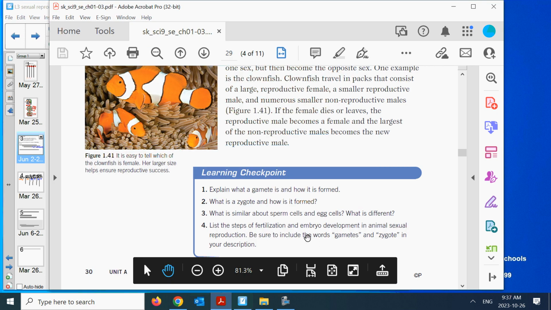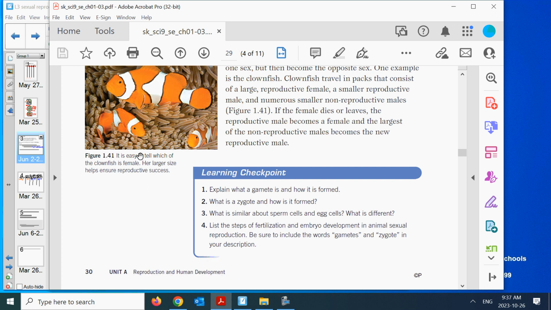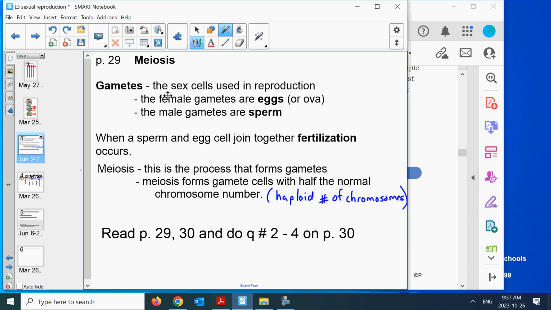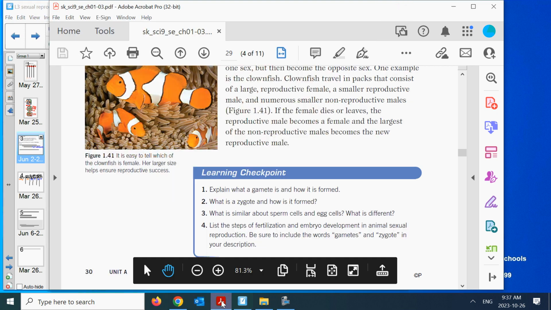We've read this, and I'm going to just quickly talk about this. What's a gamete and how is it formed? Well, that's already written down in our notes. That's why I'm not having you do this. A gamete is a sex cell used for reproduction. It's formed through meiosis. So that's why I'm skipping question 1. We have it down.